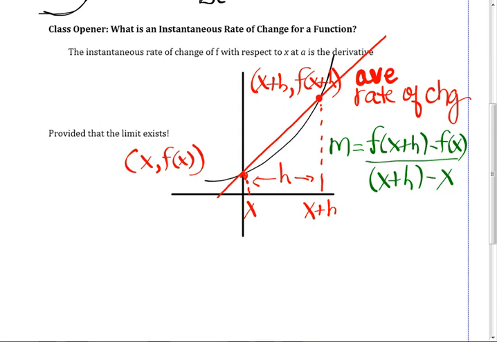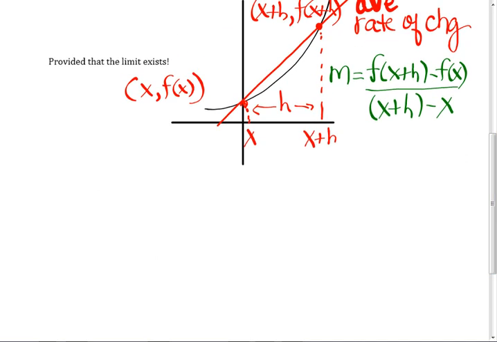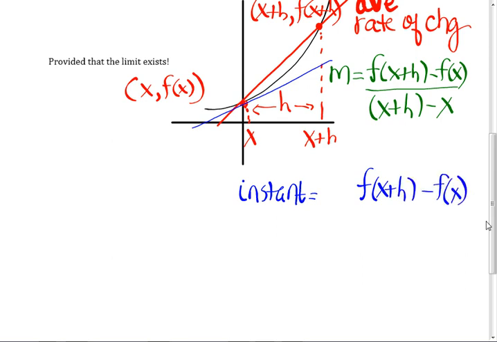Well, what about the instantaneous rate of change? I want the instantaneous rate of change at x, so I'm looking for the slope of the tangent line. So the instantaneous one is equal to f of x plus h minus f of x all over h. But what are we going to do with h?